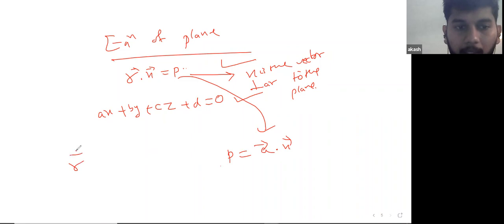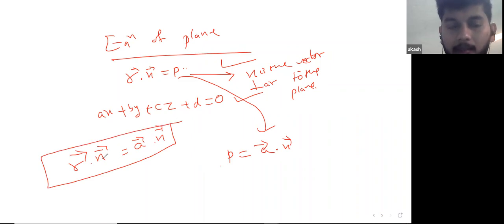So the equation of the plane can also be written as this, where n is the perpendicular vector. A is the position of a point on the plane.